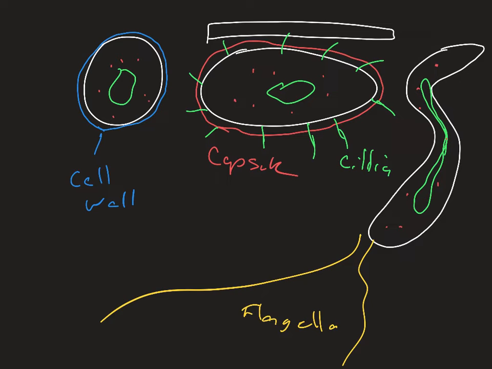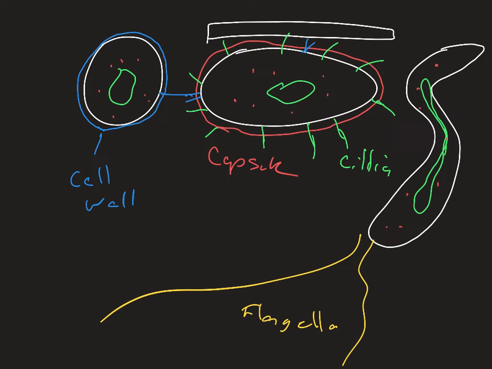And the other part that they have: sometimes these bacteria are able to sexually reproduce. Their sex is a lot different than human sex or animal sex. It is a little tube that they have, and it allows them literally to hook up with another one.